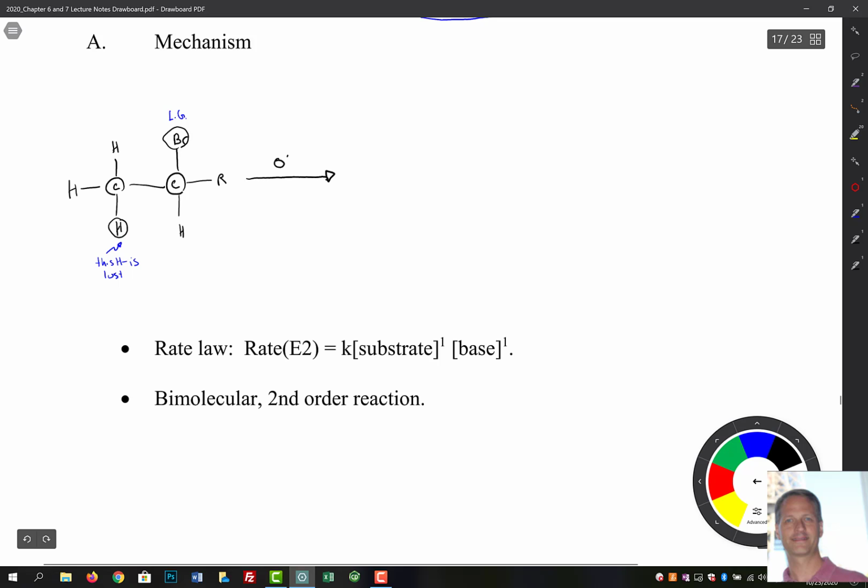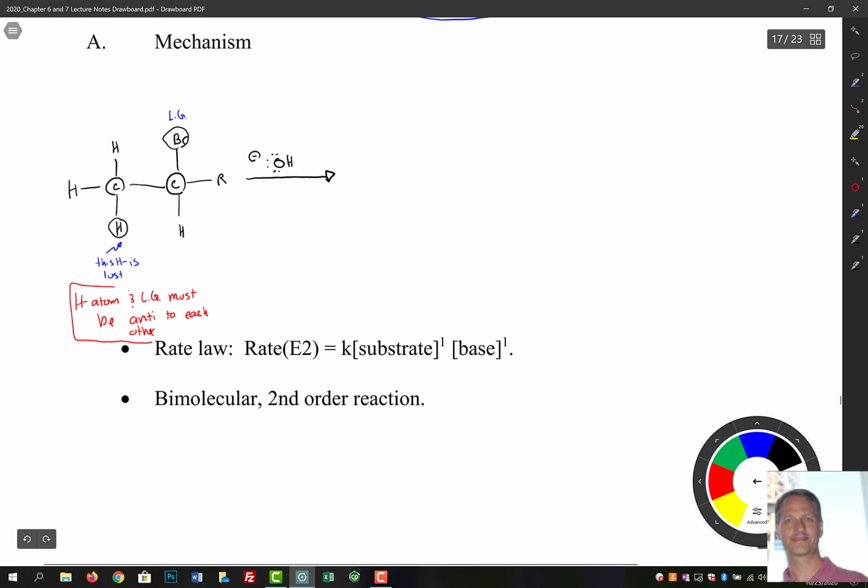One of the common ones we'll see is hydroxide. A couple of key things to mention: the H atom and the leaving group must be anti to each other.